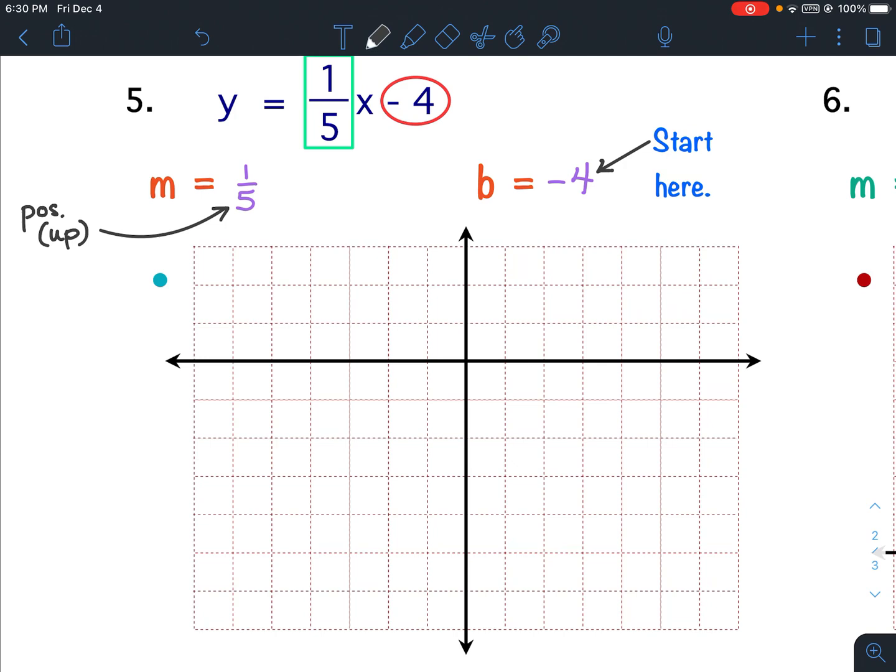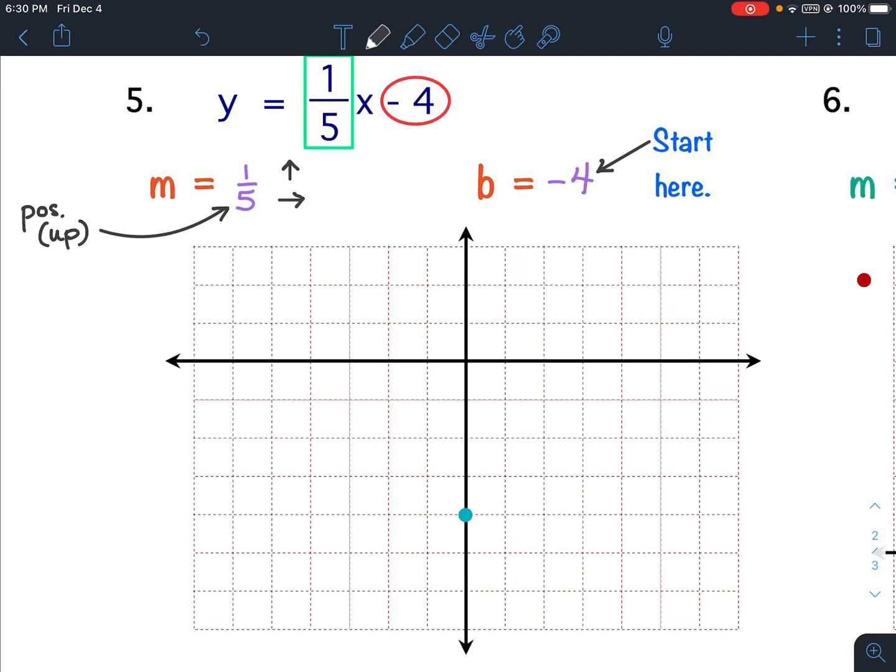Okay, so I'm going to take my points and I'm going to put it at -4. So here's my origin, and I need to go down 4. So there's down 1, down 2, down 3, down 4. All right. My slope is positive, so I'm going to go up 1, and remember it's always to the right.